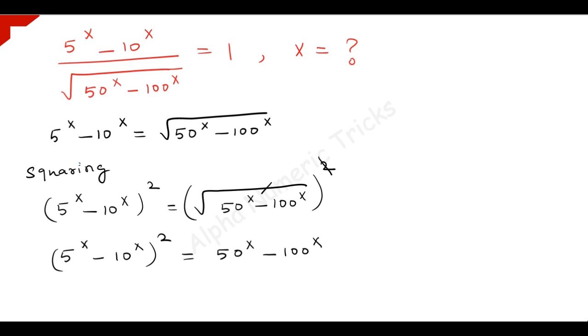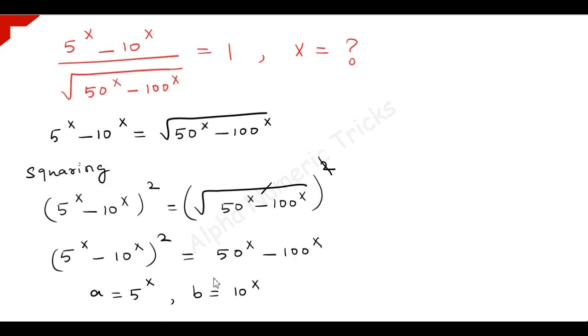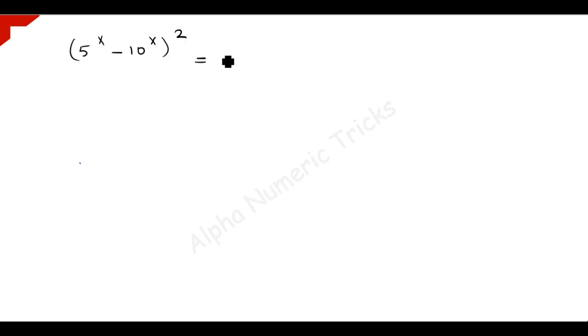Okay, now we are going to make use of the substitution: a is equal to 5^x and b is equal to 10^x. So that is our problem here: (5^x − 10^x) the whole squared is equal to 50^x − 100^x.